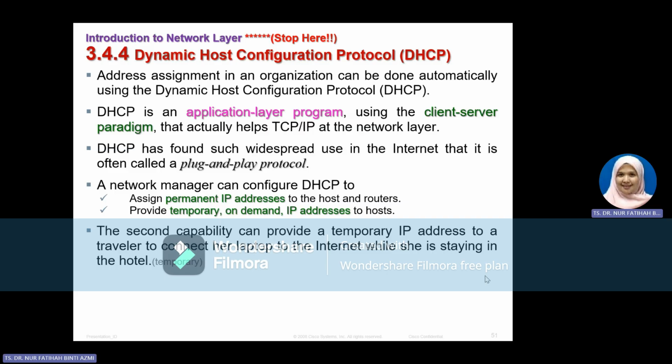It's like a helpful program working behind the scenes that makes sure your device can communicate on the network. Because it makes connecting to a network easy, it's often called a plug and play protocol. Network managers can use DHCP to give devices either a permanent IP address for things that don't move, or a temporary address.